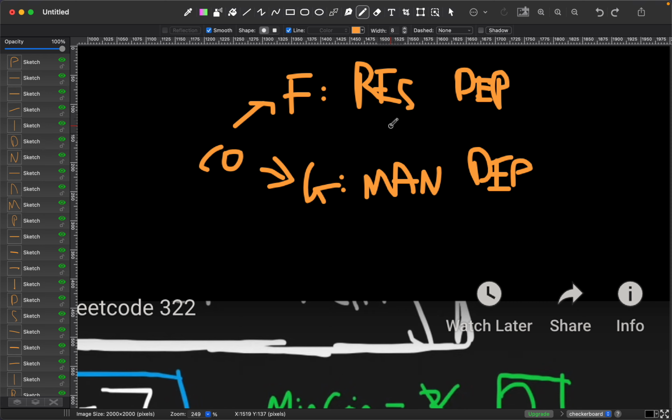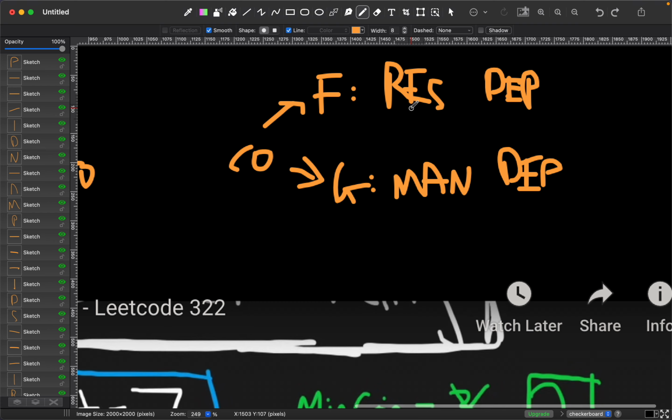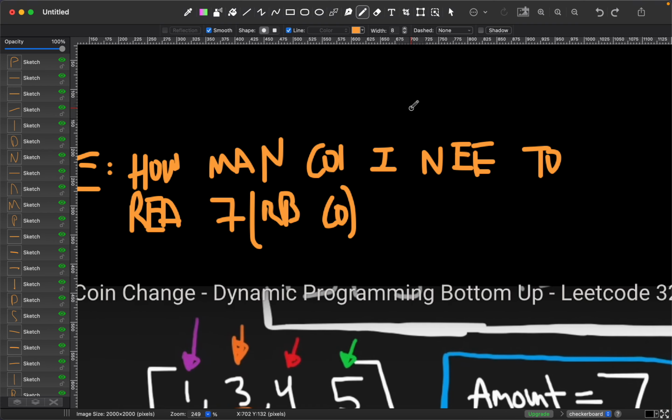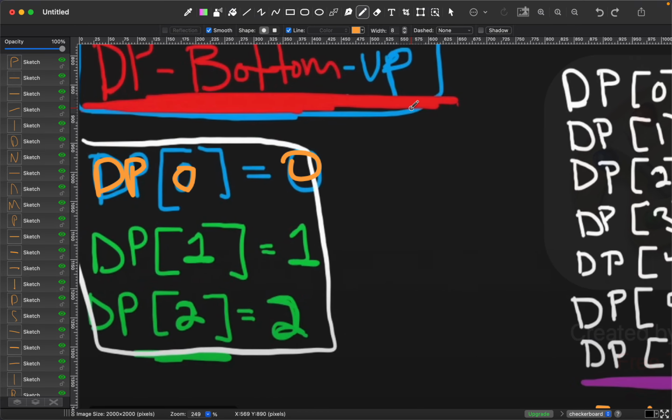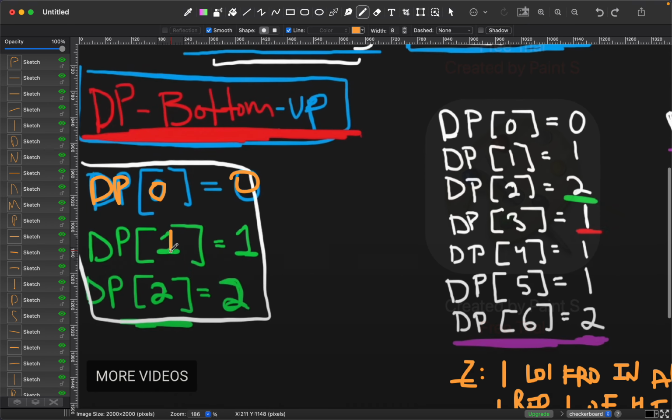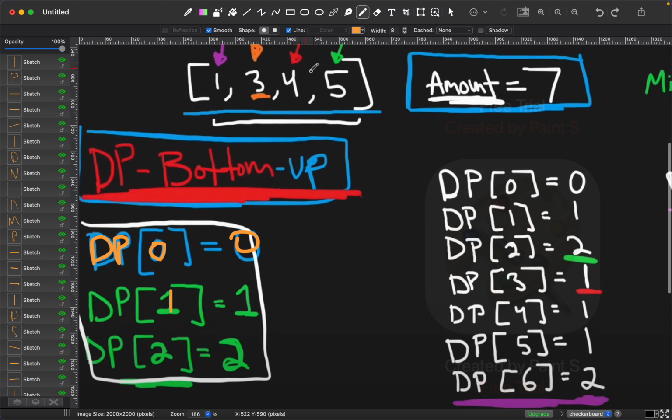And for this case, the core objective is very result dependent, in my opinion. It's because we are very much looking towards the results. So how can I reach the result 1 given all these items? I can have 1 coin to actually achieve that result.